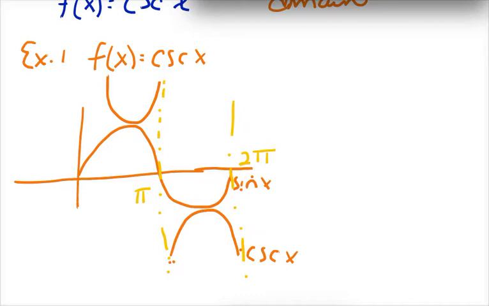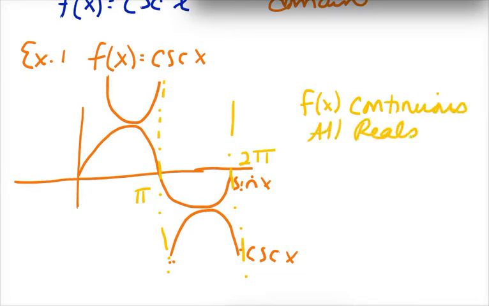So as far as continuity goes for cosecant, f of x is continuous on all reals, except wherever, and I'm just going to write it as n pi, wherever you have a factor of pi, whether it's 1, 2, 3.